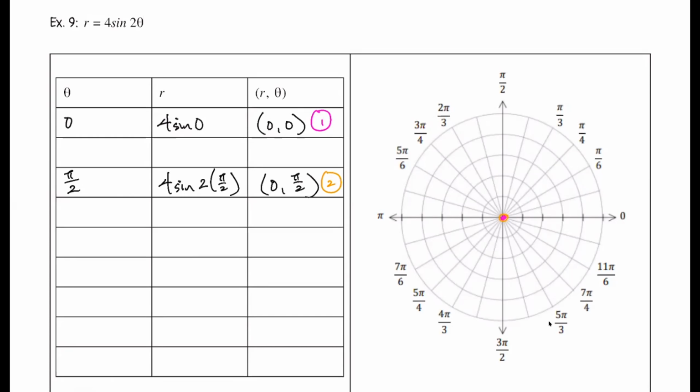So what do you think is going to happen if I plug in pi and 3 pi over 2 and 2 pi? Yeah, they're still going to be at the origin, right?